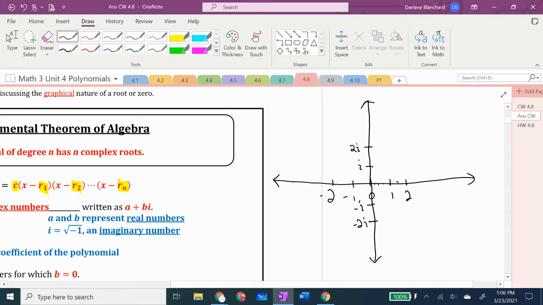And so if I told you to write the number 3 plus 2i, if you were to plot that in the complex plane, that would be located right here where 3 and 2i come together. So what you want to realize is complex numbers are far more than just the real number system.